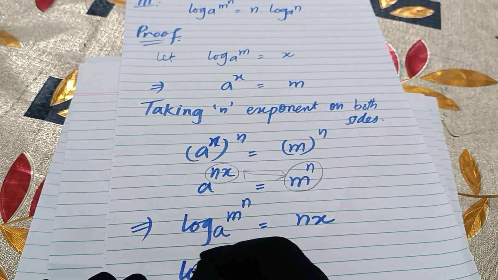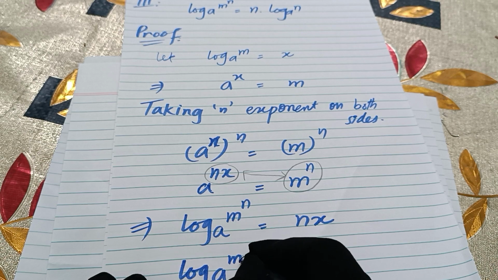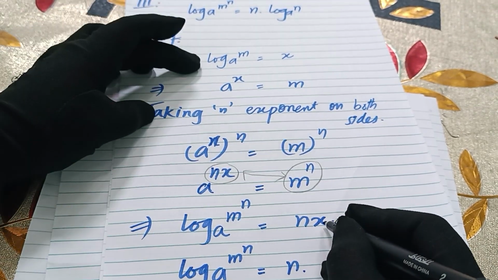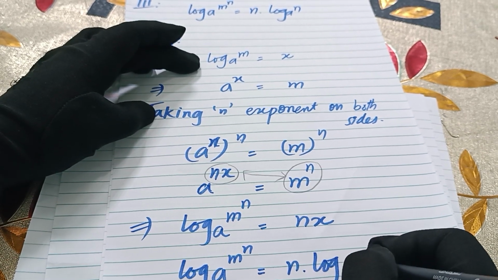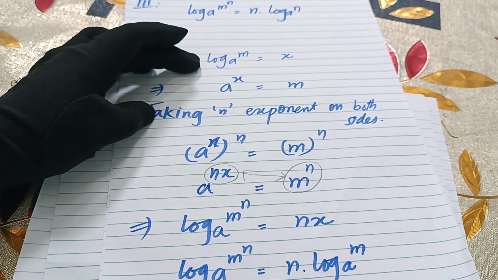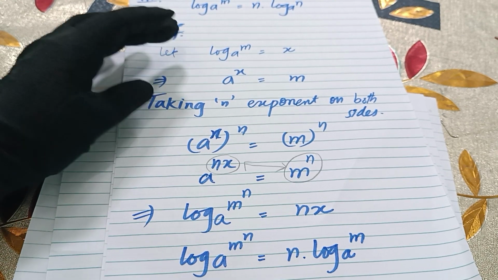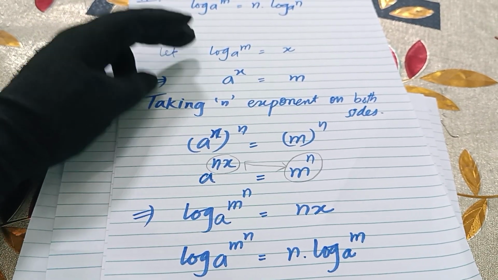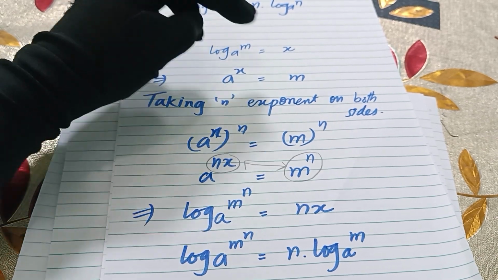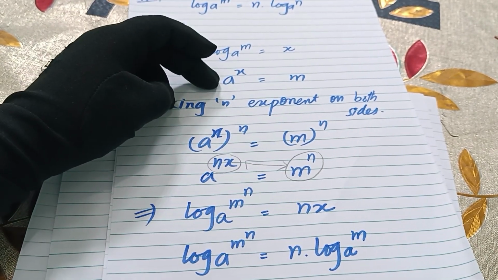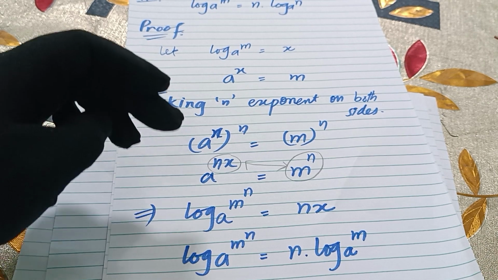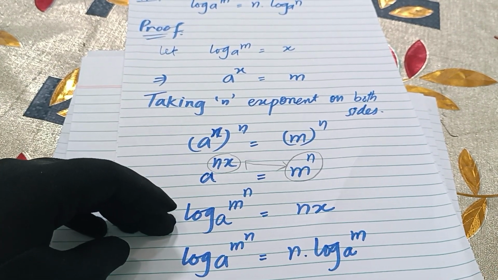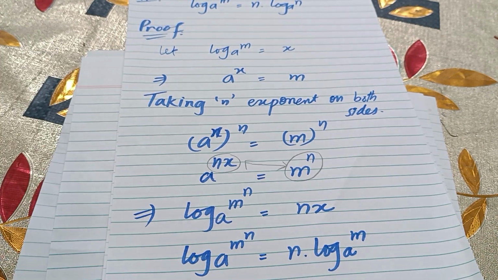When you write it in this form, your formula or law is already proved: replace the value of x, which is log of m with base a. So it is proved very easily: take the same value as x, write it in the normal exponential form, take the power n, solve it, take the logarithmic form again, and it is completely solved in this way.